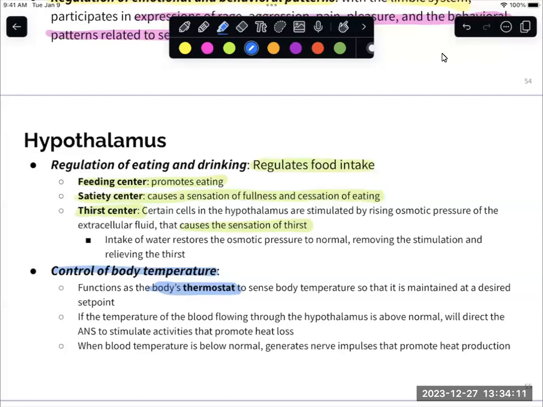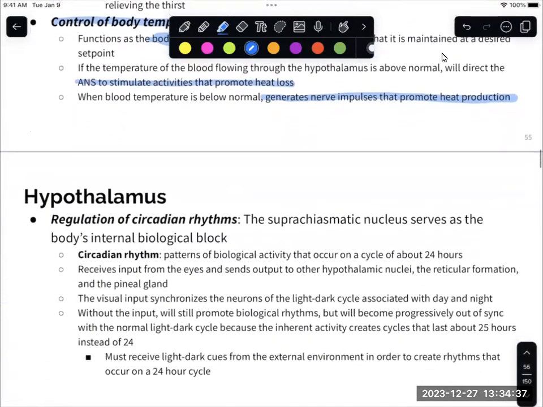If the temperature of the blood is above normal, it'll cause that autonomic system to promote heat loss through sweating. If the blood temperature is below normal, it'll send out heat production types like shivering, goosebumps to try to generate heat.